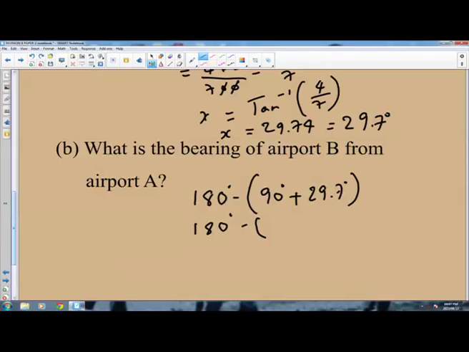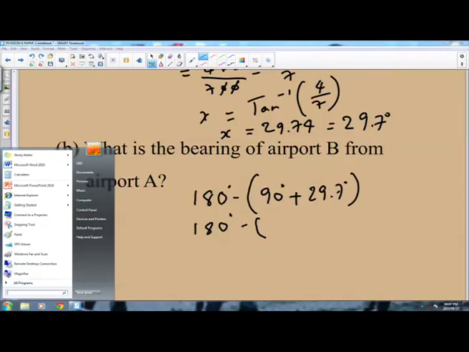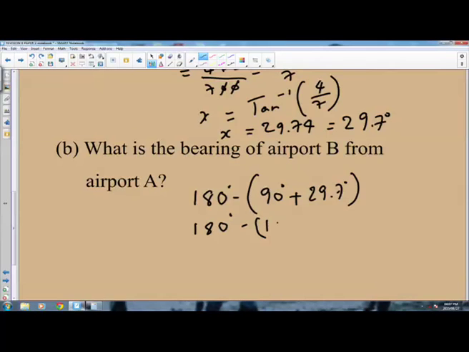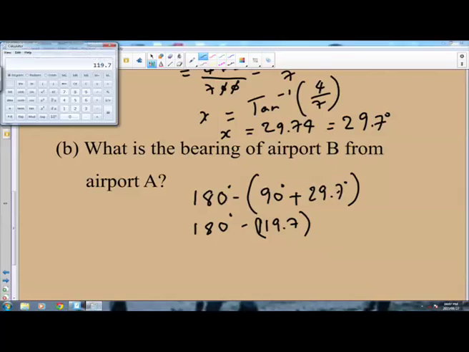We can add that and find out what the answer is. 90 plus 29.7. The answer is 119.7. So we'll write 119.7. And then when we subtract this from 180, what will be the answer?